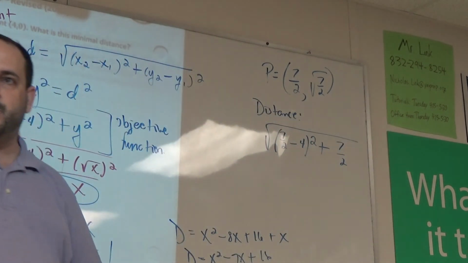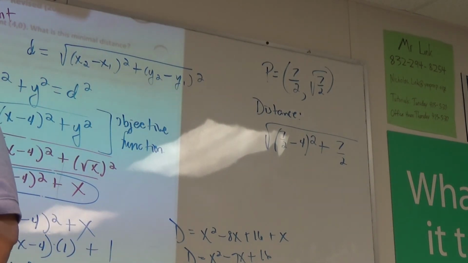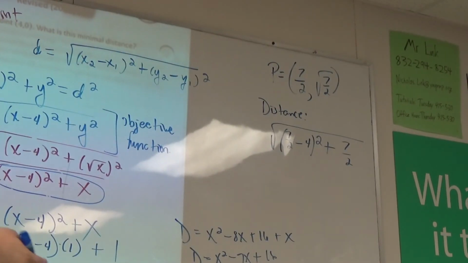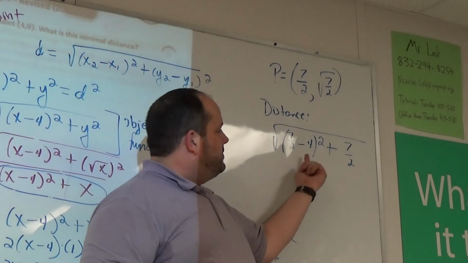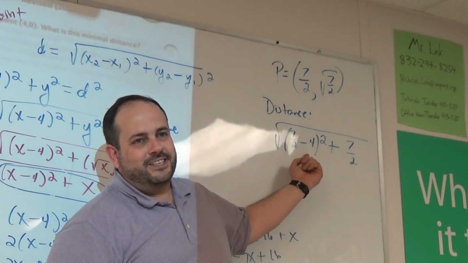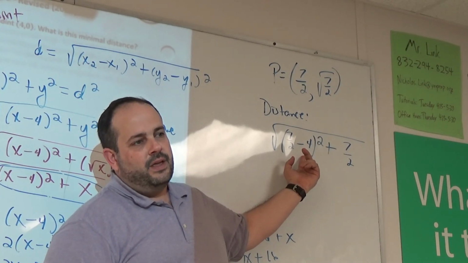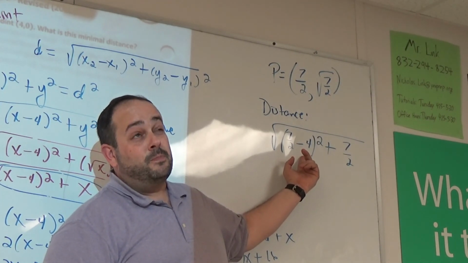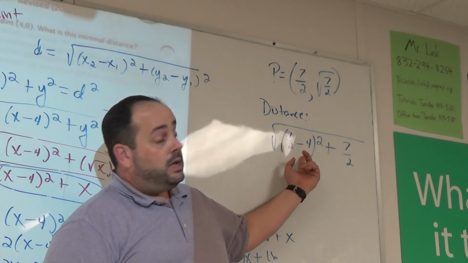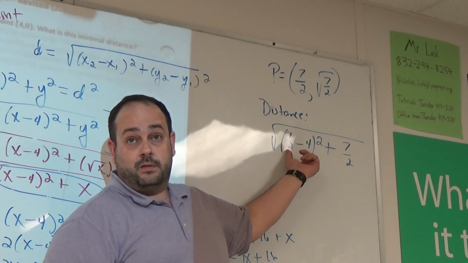And if it's multiple choice, simplify. If it's free response, either one. But let's see if we can simplify. 7 over 2 minus 4. Impress me with your fraction skills. 7 over 2 minus 4 is the same thing as 7 over 2 minus 8 over 2, negative 1 over 2, which means negative a half.